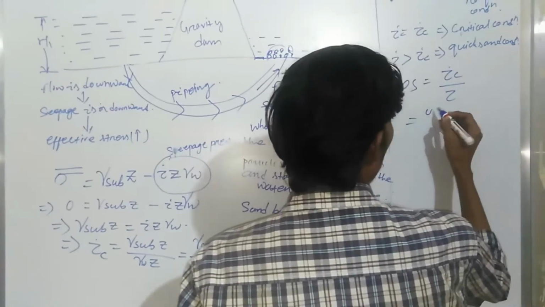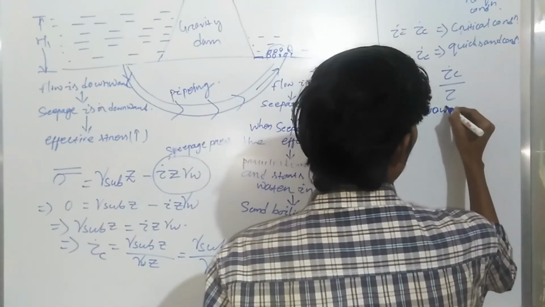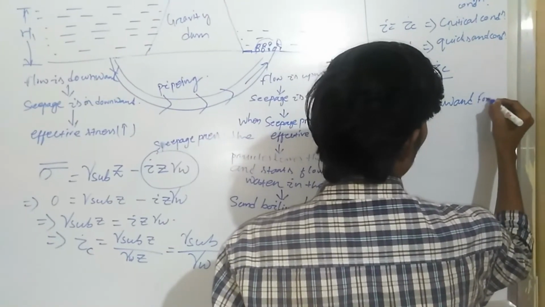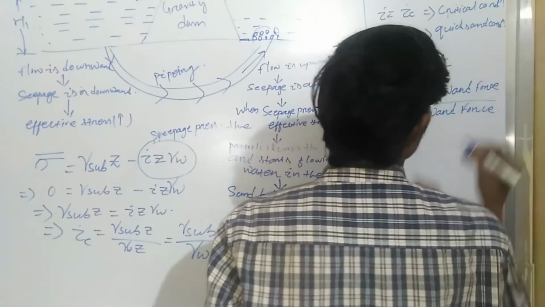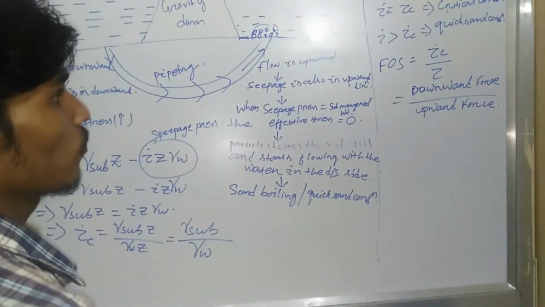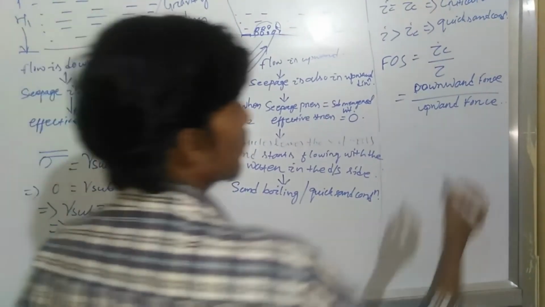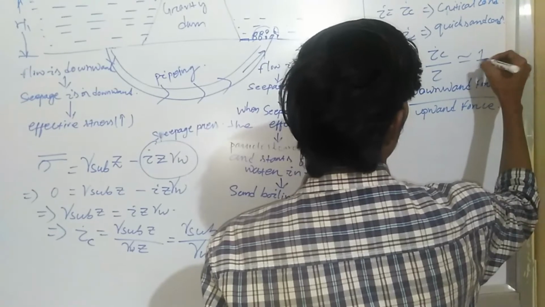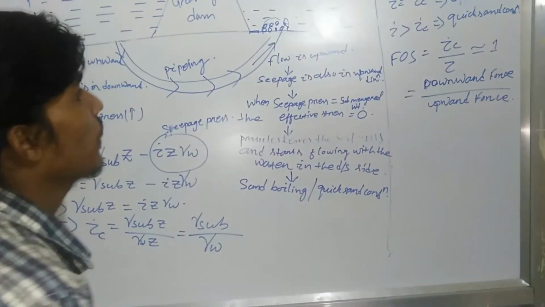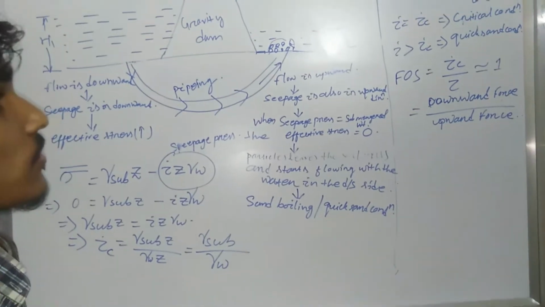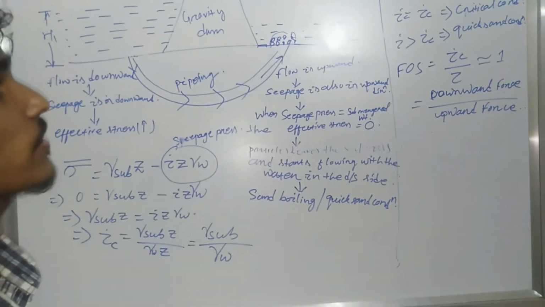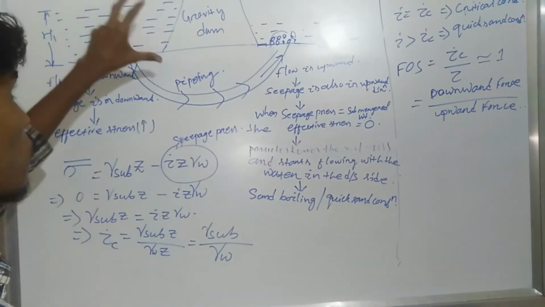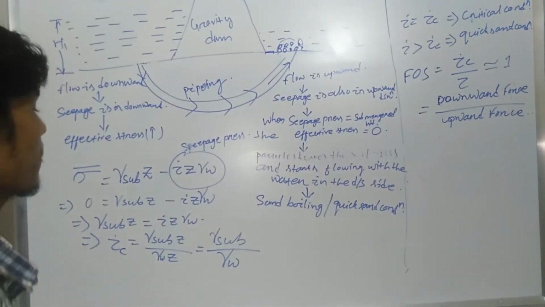So FOS is downward force by upward force. If FOS is nearly equal to 1, then there is no quicksand condition. If FOS is less than 1, then there is a condition of quicksand. And if FOS is greater than 1, then the structure is stable.